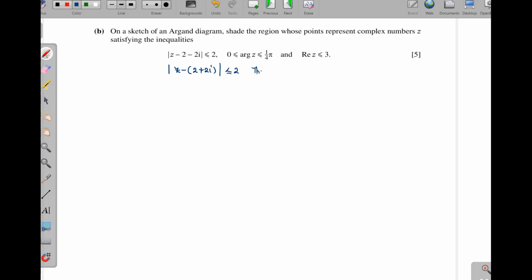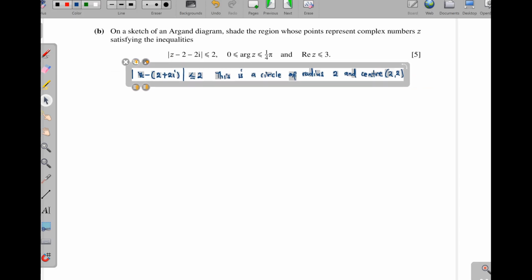So this is a circle of radius 2 and center 2, 2, like that. Okay, that is the first one.